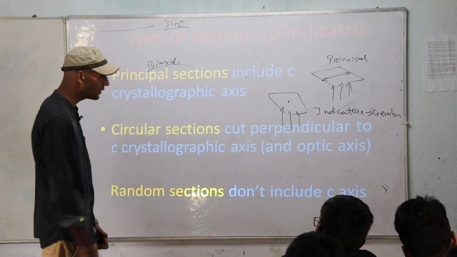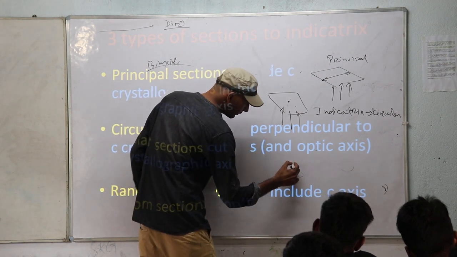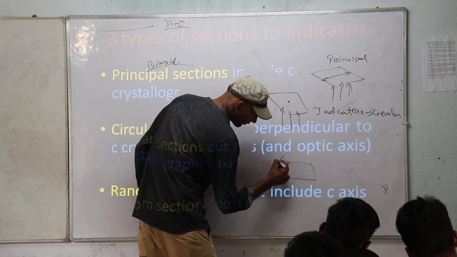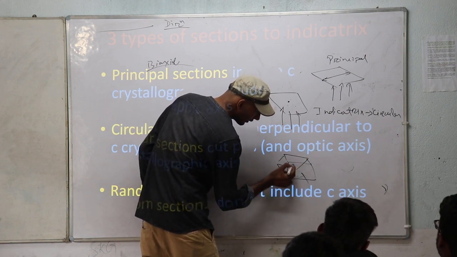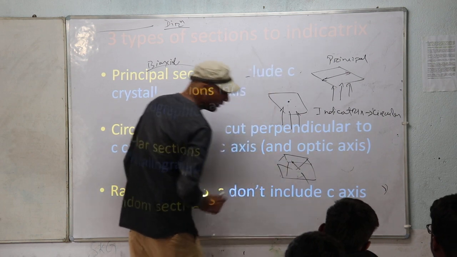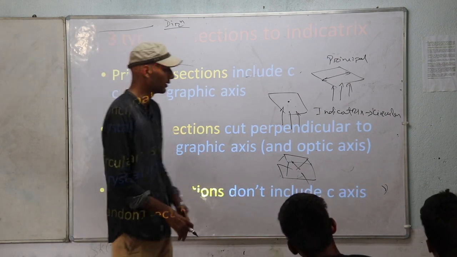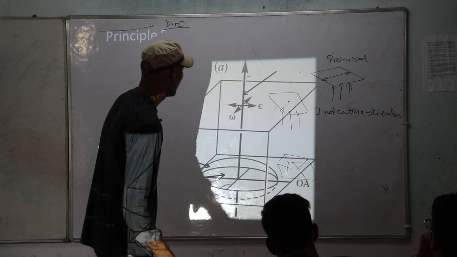Then talking about random section, that means the optic axis is oriented like this. If this is the mineral, the optic axis is oriented neither perpendicular nor parallel, in any of the other sections. So you can see the different sections. This is principal section.